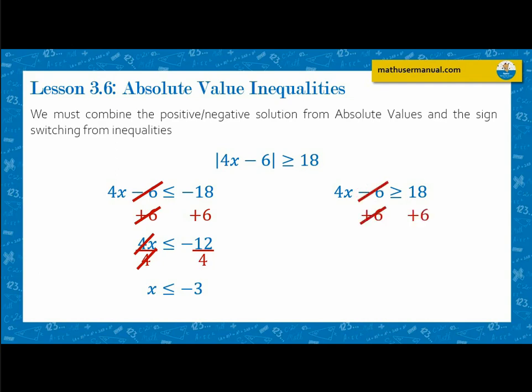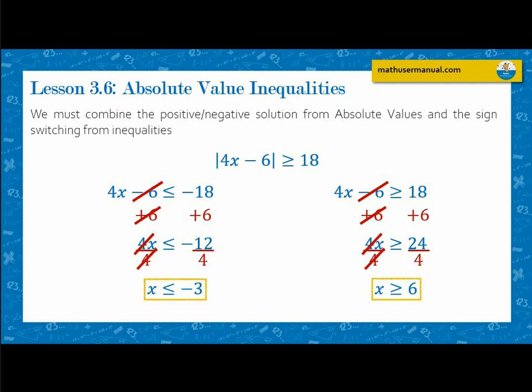And now we have 18 plus 6 on the right, which is no longer negative 12 as on the left. 18 plus 6 is positive 24. Then we divide both sides by 4. The 4's cancel on the left, and we get 24 divided by 4, which is equal to 6. So x is greater or equal than 6.